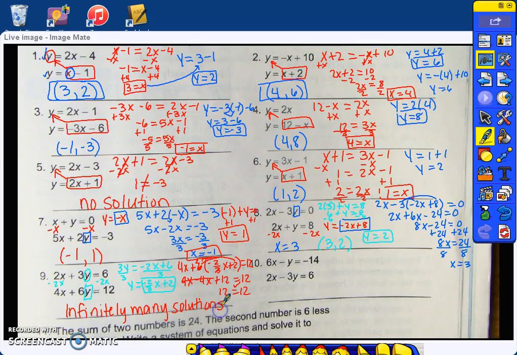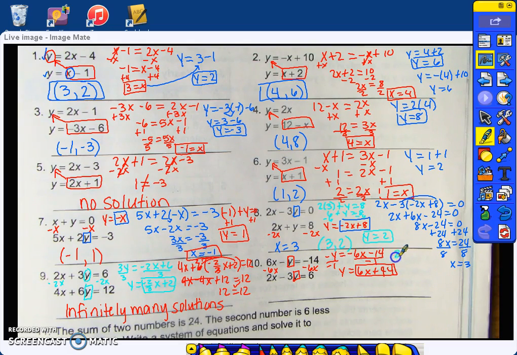And number 10, I'm going to get this y by itself, so I'm going to subtract 6x from both sides. That leaves me with negative y equals negative 6x minus 14. Divide by negative 1 on both sides. Y equals 6x plus 14. So I'm going to take the 6x plus 14 and plug it in everywhere I see y in the other equation.